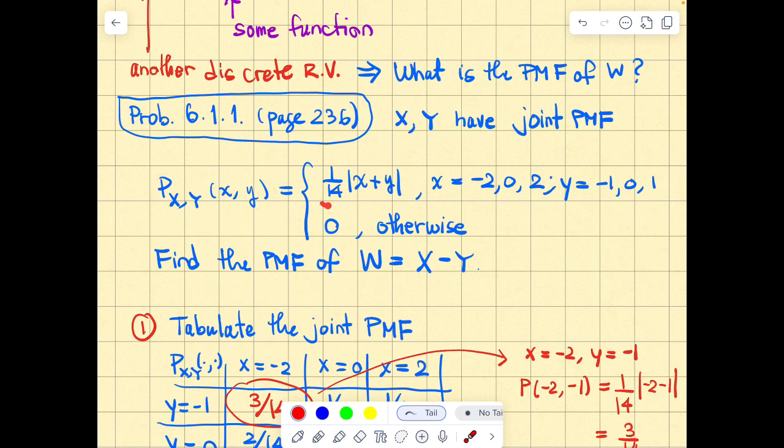The probability is non-zero when X is equal to -2, 0, or 2, and Y is equal to -1 or 0 or 1. Okay, so if you look at this, there are three possible entries here for each, so in all, there's going to be 9 cases. And in each case, the probability is equal to 1 over 14 times the absolute value of x plus y. Otherwise, the probability is equal to 0.